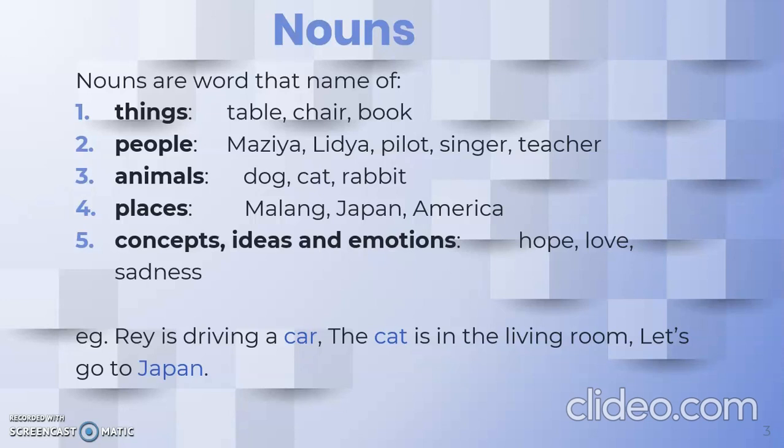We know that cat is a type of animal noun. Finally, the last example is: Let's go to Japan. As we know, Japan is a place, so it is also a type of place noun.